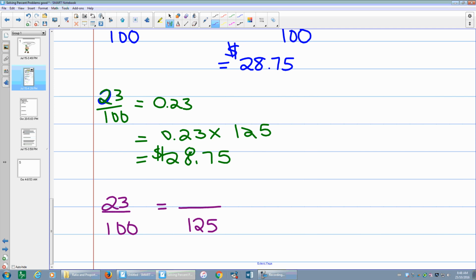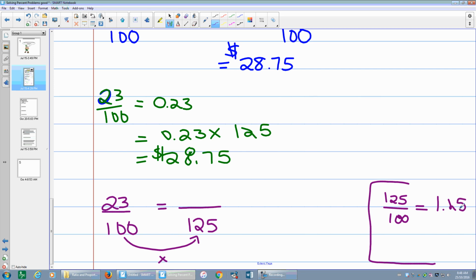Again, I know I'm going from 100 to 125. I know that there's going to be multiplication involved because my number is increasing. So how do I figure out what number I multiply by? Off to the side here, I take 125 divided by 100. I'll give you a minute to put that into your calculator. And you should get 1.25.